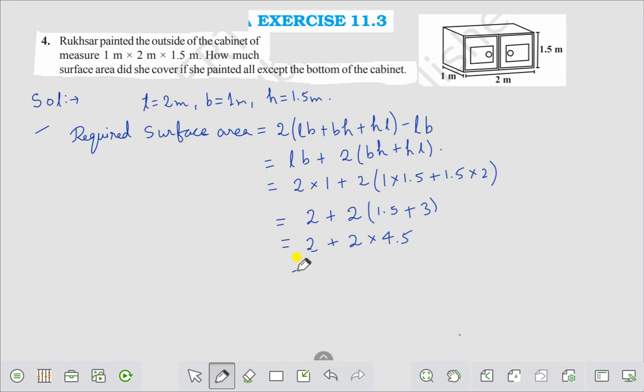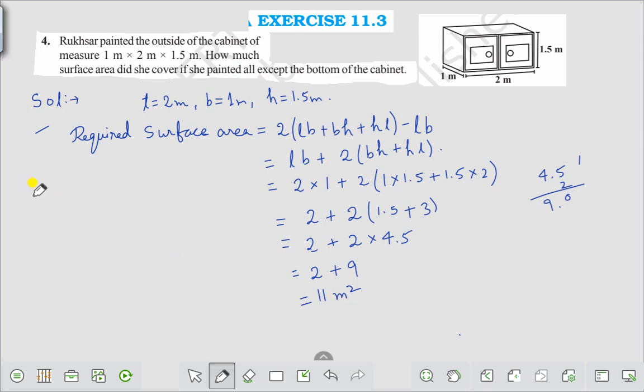That is, we are getting 2 plus 2 times 4.5, which is 9, and 9 plus 2 is 11. The answer is 11 meter square. How much surface area did she cover if she painted all except the bottom of the cabinet? Therefore the answer is 11 meter square.